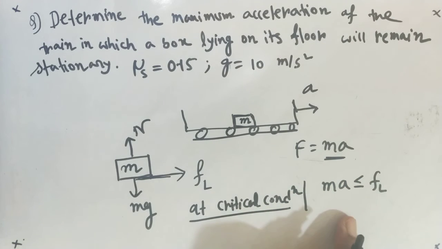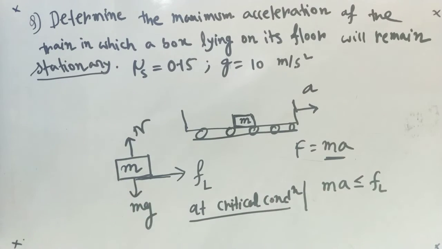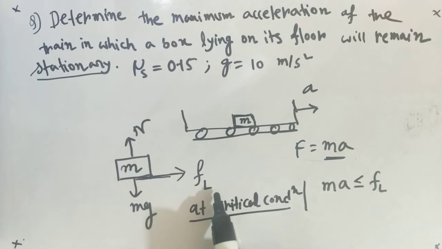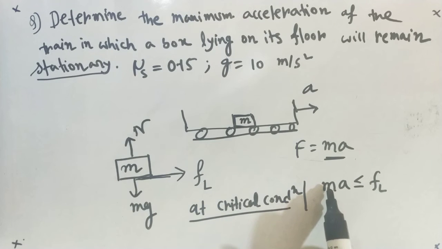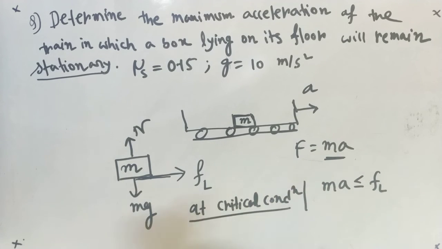Why less than or equal to FL? Because if it is greater than FL, then the block will move forward. But we have to find the situation when the block is stationary. So the block will be stationary only if ma is less than or equal to FL.